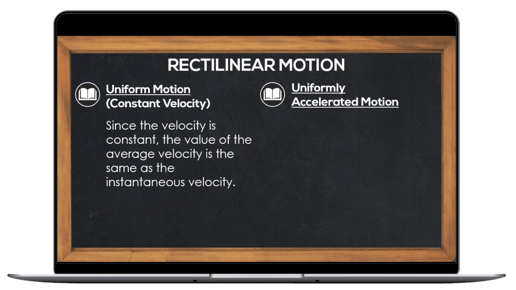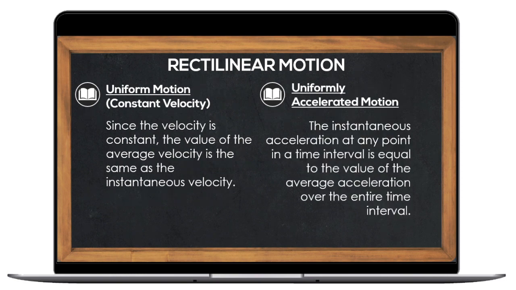Then let's have uniformly accelerated motion. So the instantaneous acceleration at any point in a time interval is equal to the value of the average acceleration over the time interval. So uniformly accelerated motion, ibig sabihin, we have a constant acceleration. Okay? So meaning when we have an acceleration, the velocity varies or the velocity changes. So with that, it differs with uniform motion. Again, when we have uniform motion, we are talking about a constant velocity.